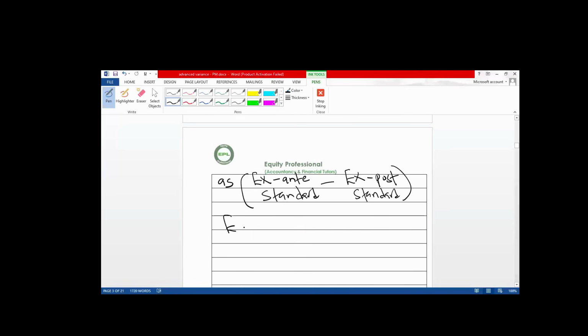Your X ante standard is the original standard that contains errors.